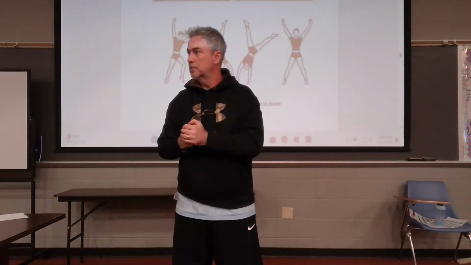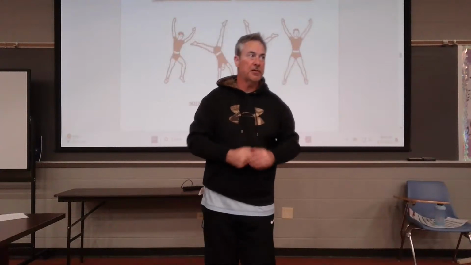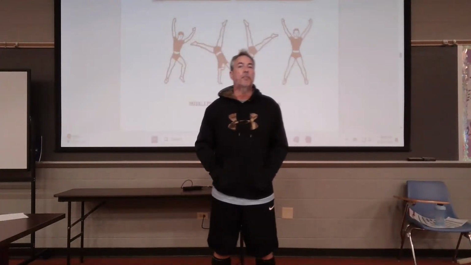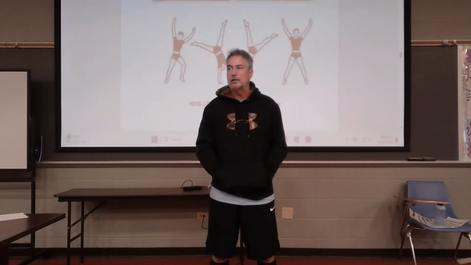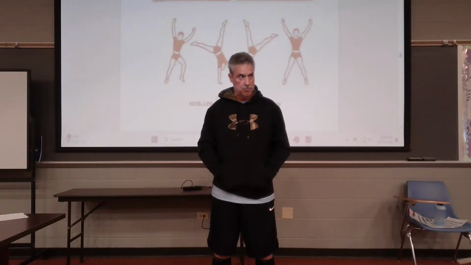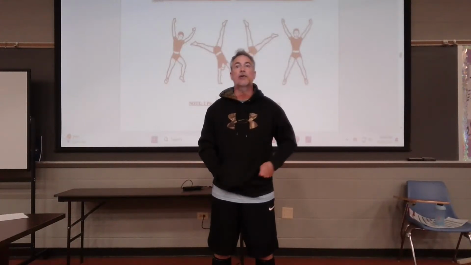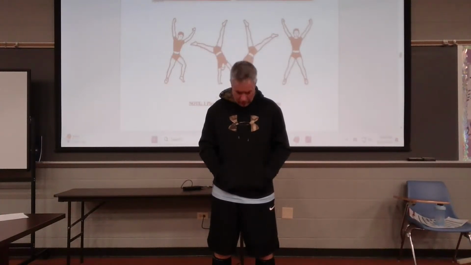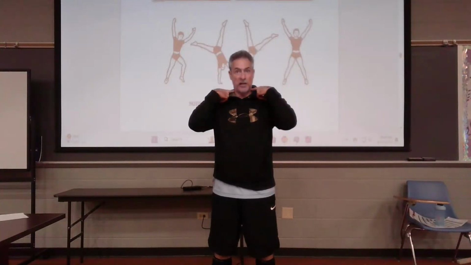Does that make sense? Okay, let's try this. What plane, from the room's perspective, is my cervical vertebra rotating in when I do this? Sagittal. Does it matter that I go this way or that I go that way? Nope, still sagittal plane. Still about side-to-side axis.